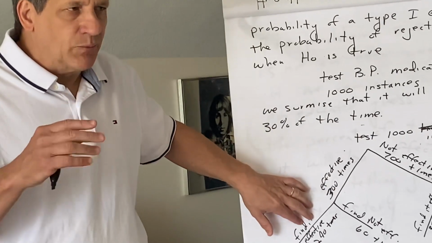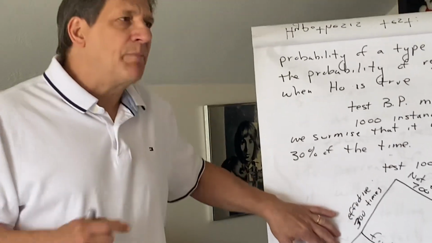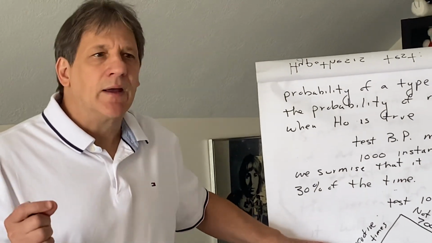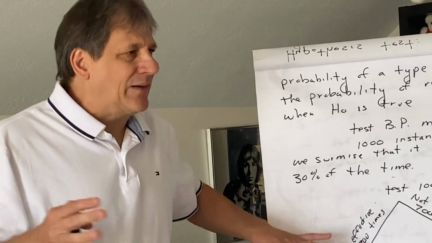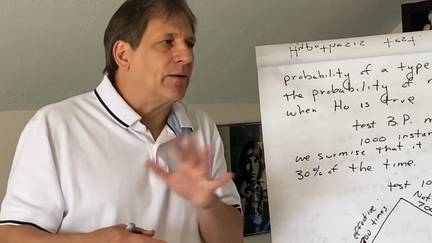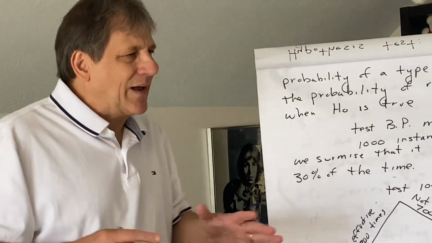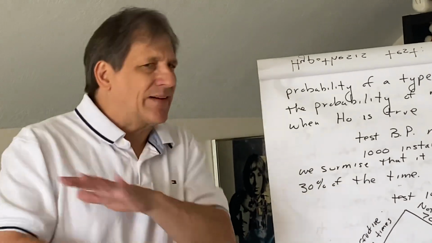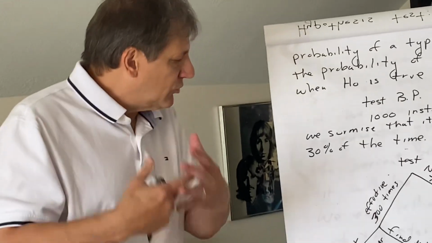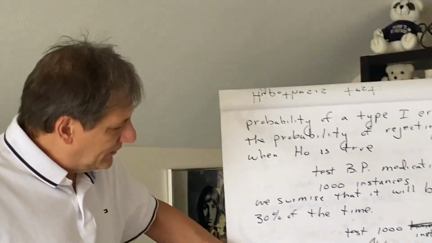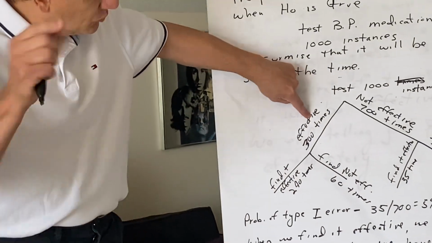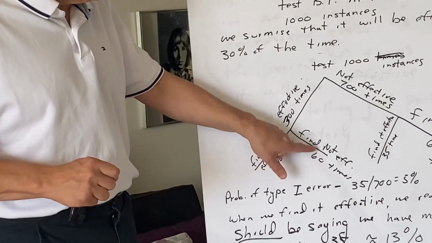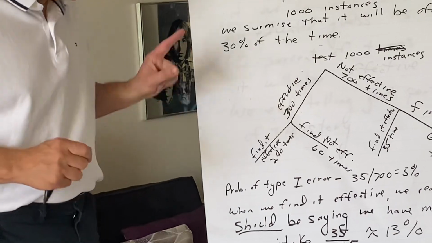This is represented by the variable beta. Beta is much more complicated than alpha, which is the type 1 error. And for the most part, beta, which we're not going to get into, I don't want to call it an educated guess, but it's along those lines. But we're going to surmise that the power is 80%, so we're going to find it effective 240 out of the 300 times it's really effective, which means we're going to find it not effective 60 times.